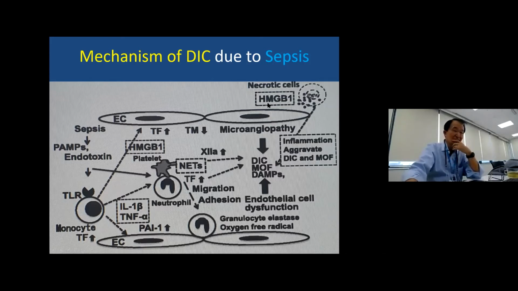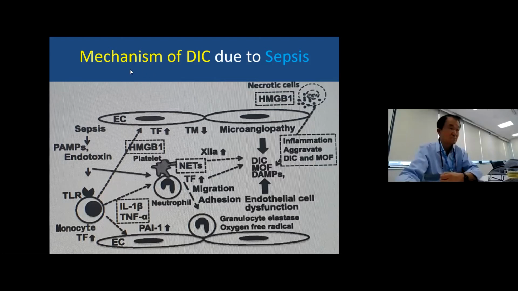Anyway, this gene is now being studied more and more. This contributes mainly to this disseminated intravascular thrombosis.